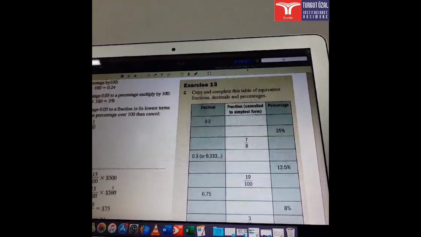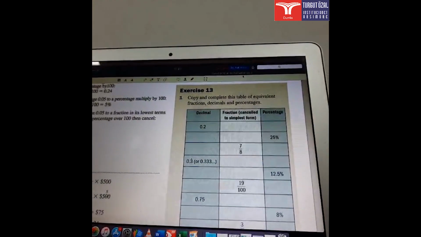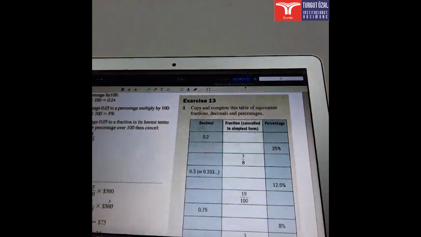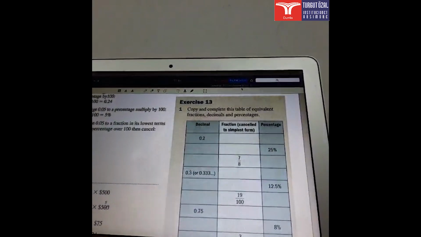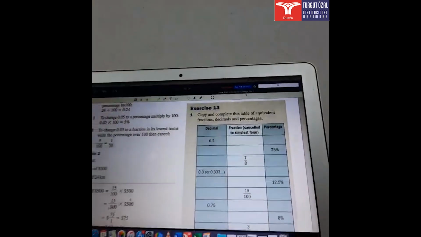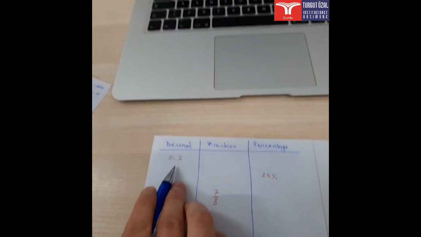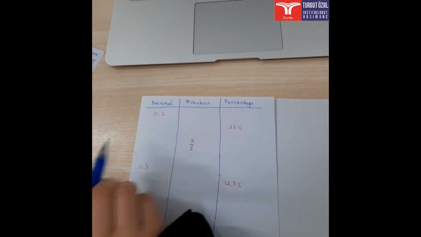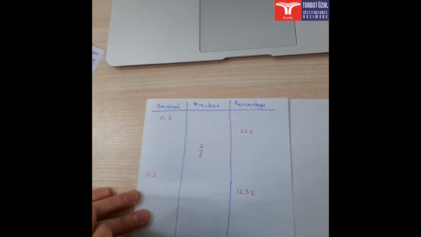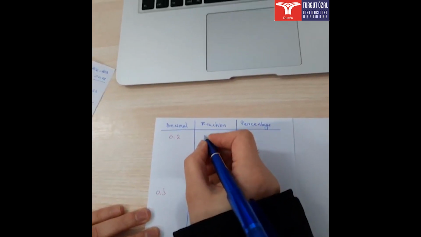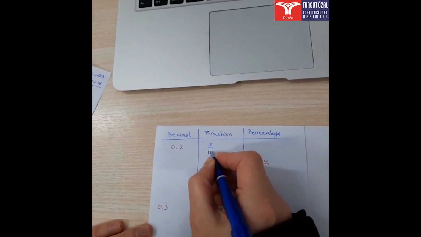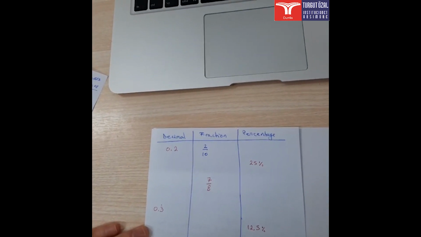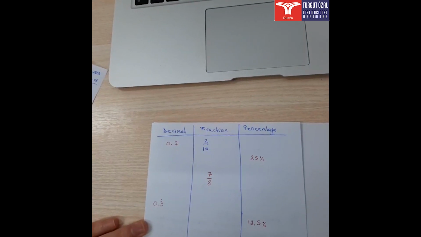You have to complete the table which wants to convert the decimals into fractions and then percentages. So let's start in order from the first one. It is given the decimal number 0.2. To convert this one to a fraction, we know that 2 is in the tenths place, so this one is the same as 2 over 10. To convert 2 over 10 to a percentage, we have to make the denominator 100.